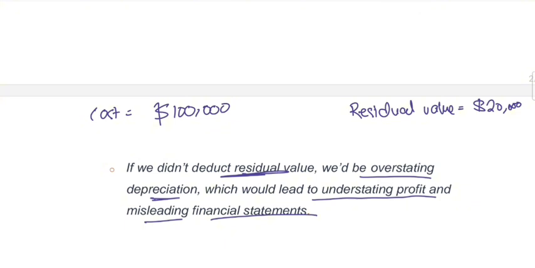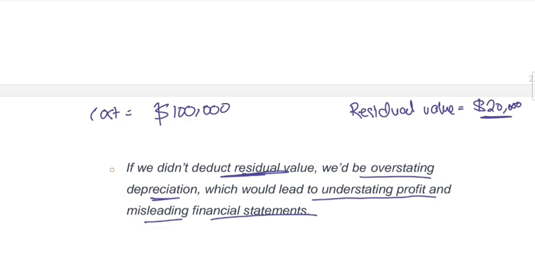And how do we consume this value? Because the asset is going to generate the economic benefit. So we are consuming the value of the asset for our own benefit. Whereas this residual value essentially means that this is the value I'm expecting the asset will have at the end of its useful life.